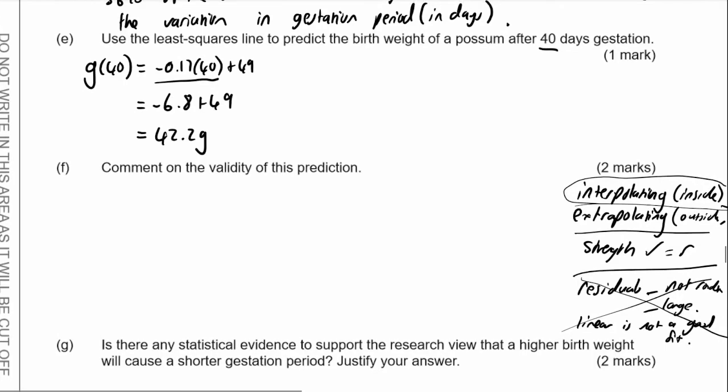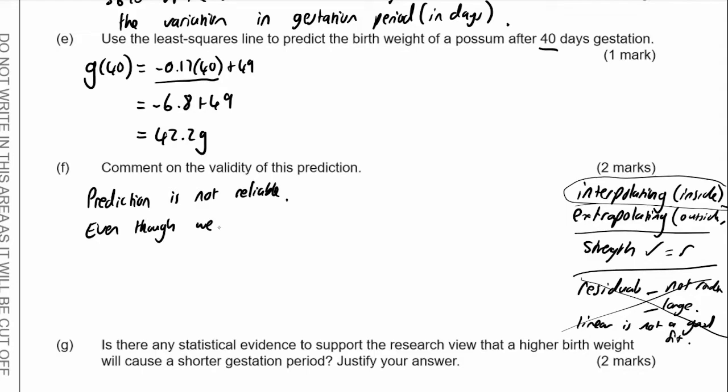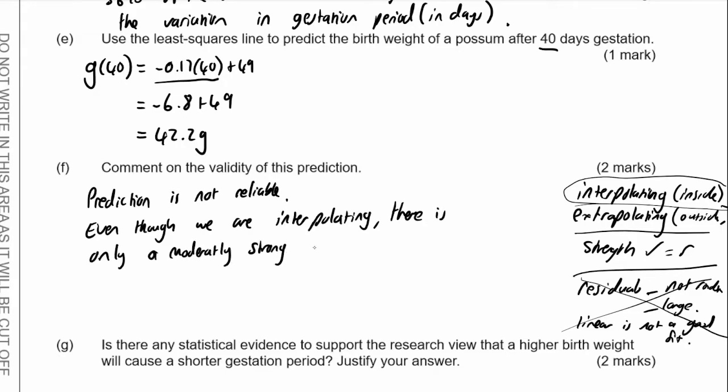So how would I answer this? I would say that the prediction is not reliable. And then I'm going to give my reasons. So always state your answer and then give your reasons. Even though we are interpolating, there is only a moderately strong association.